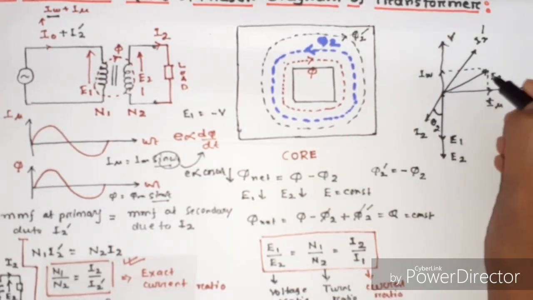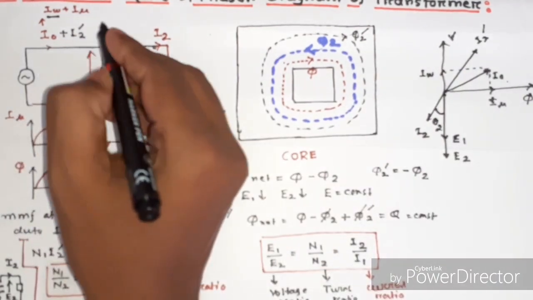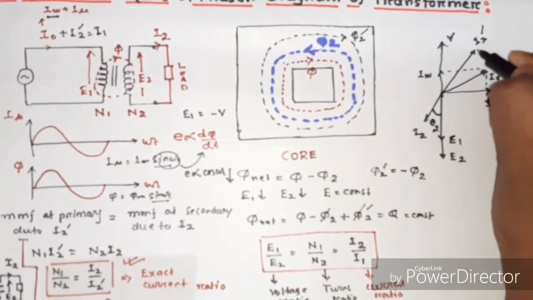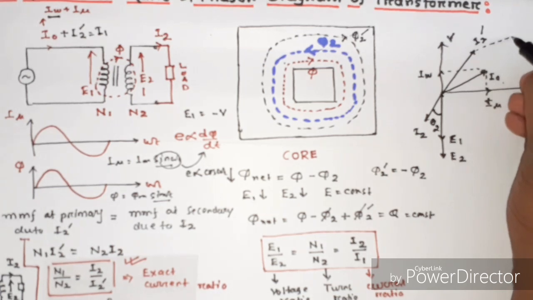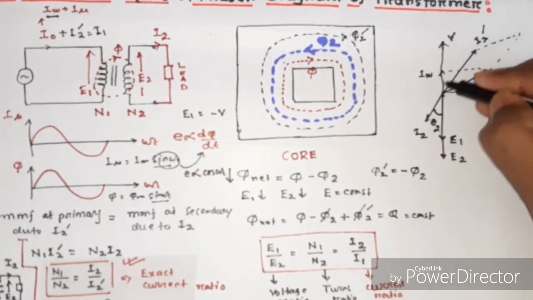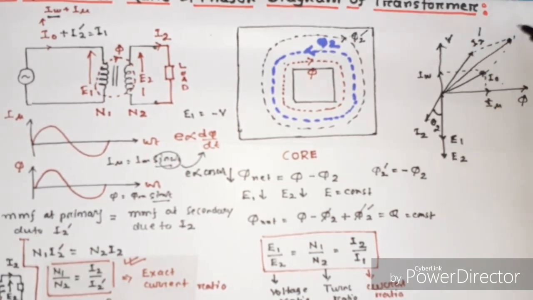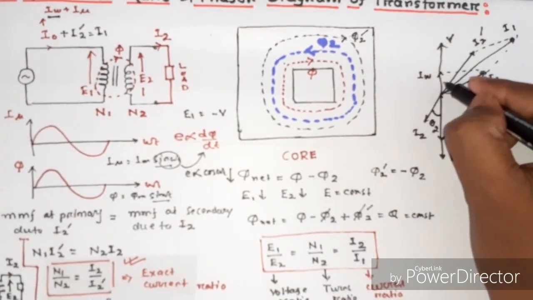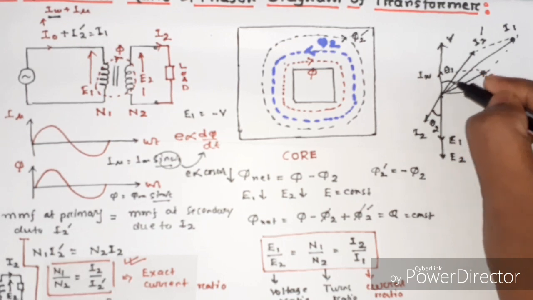The sum of I0 plus I2 dash is the primary current I1, and this is theta 1, the transformer primary power factor.